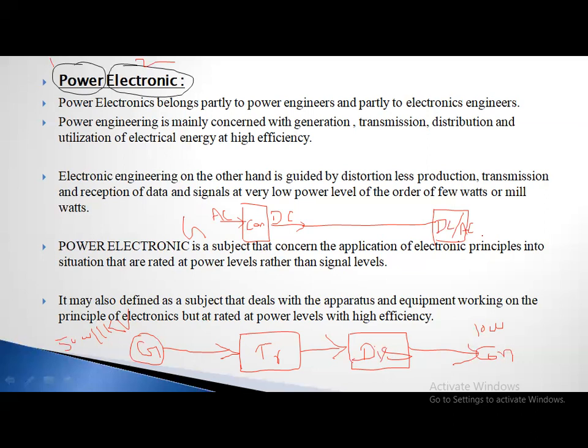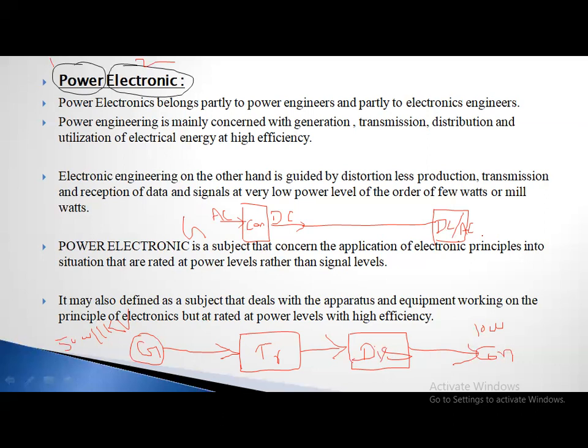Did you all get the point? For converting AC to DC at the generating station, and again DC to AC at the receiving end station, we need converters. This converter should be designed using power semiconductor devices.